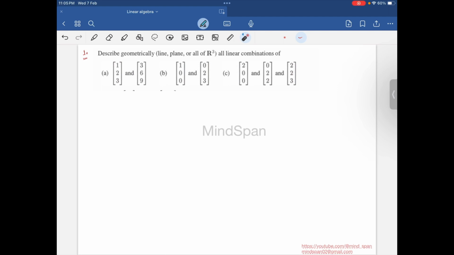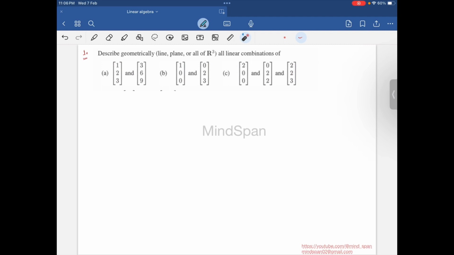The main point of this question is to get the idea of linear combination, and the main focus is to give you the visualization of this linear combination. If you take the linear combination of two vectors, what space will you get?